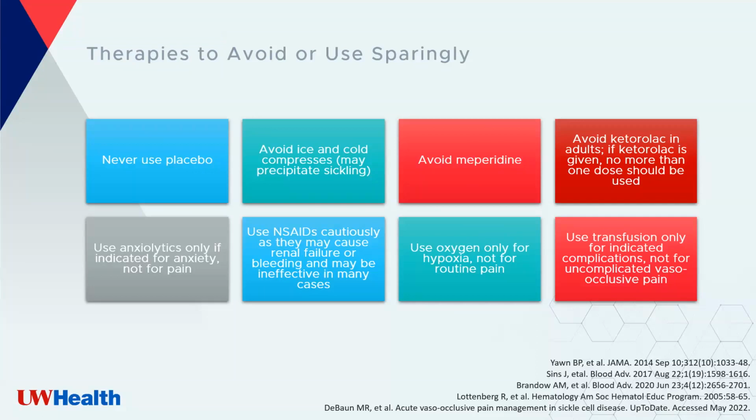We want to avoid the use of NSAIDs, or use them cautiously if needed, as they may cause renal failure or other bleeding disorders. Use oxygen only for hypoxia, not necessarily for routine pain. And then we want to use transfusion only for indicated complications and not for uncomplicated vaso-occlusive pain.